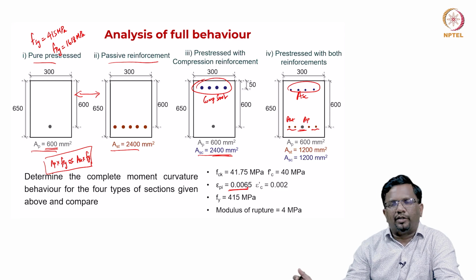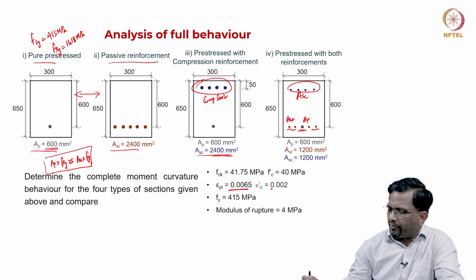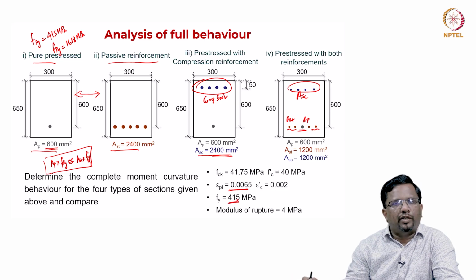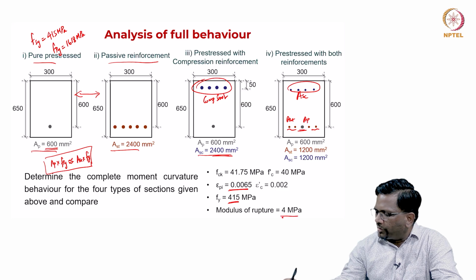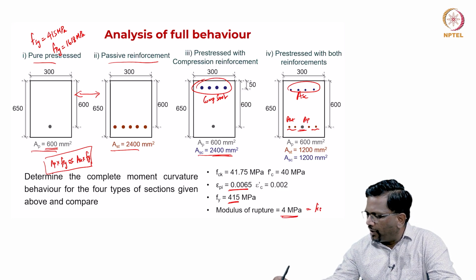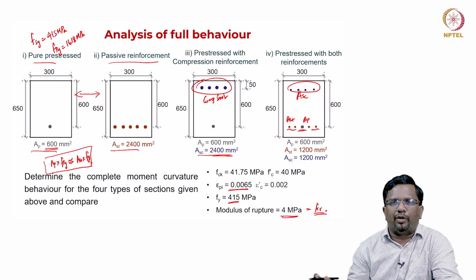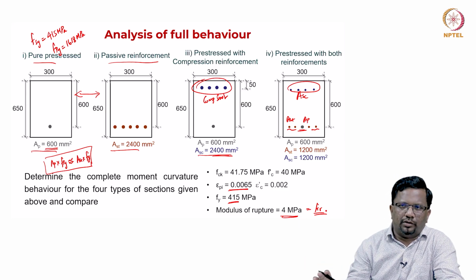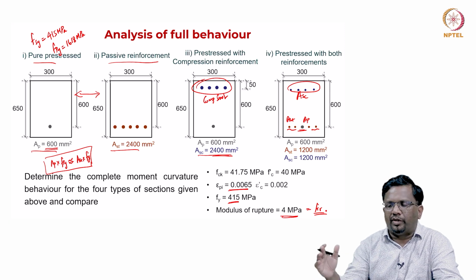That will roughly come to around 1240 megapascal. The Fy for the non-prestressed steel is 415 megapascal, and the modulus of rupture FCR, I am taking to be 10% of the compressive strength, which is quite a good approximation, 4 megapascal.